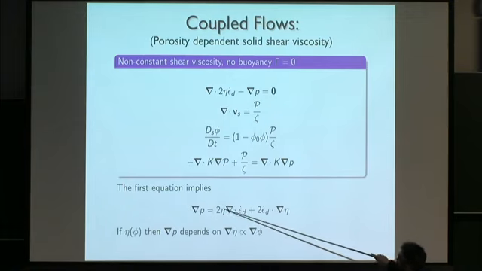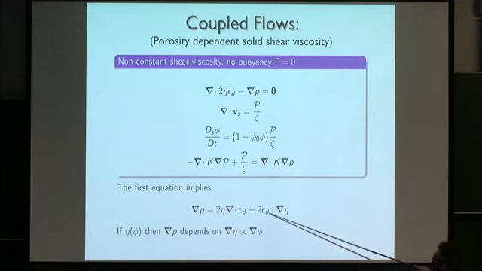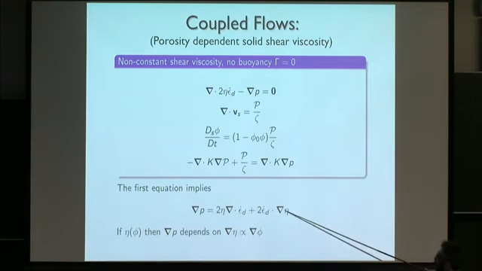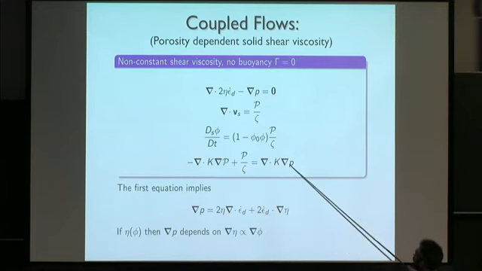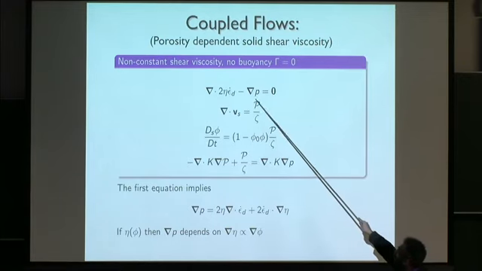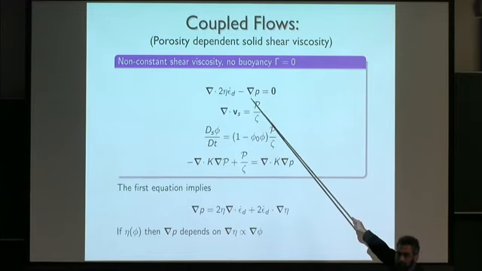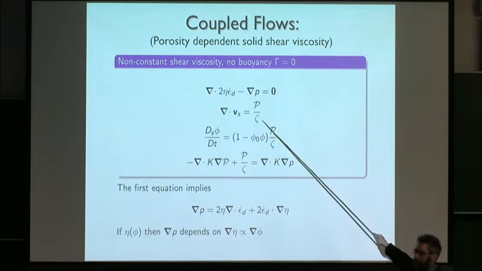There's the viscosity times the deviatoric strain rate. There's also a piece that depends on the strain rate acting on gradients of the viscosity. So there's an extra component of the pressure, and that pressure will drive flow. That flow will drive compaction, and suddenly I've coupled shear to volumetric strain, and now I have a coupled problem.